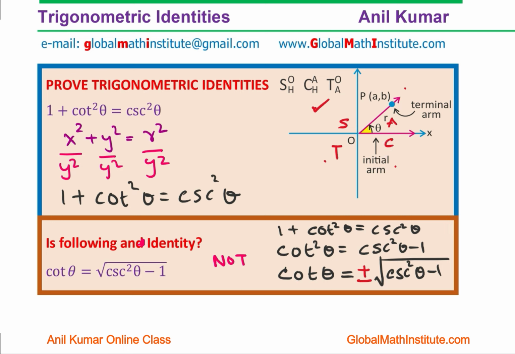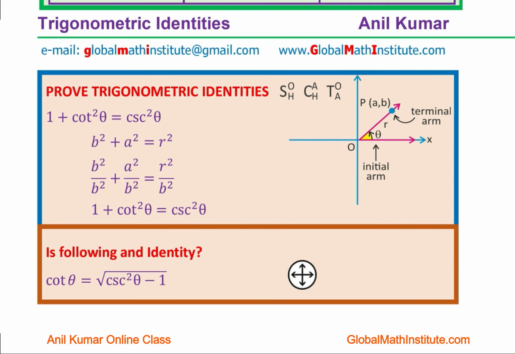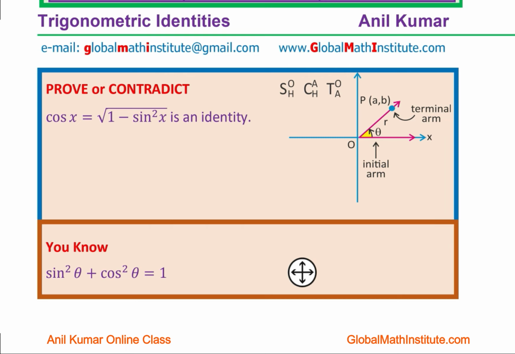So be careful about this. Here we have shown you what is not an identity. Sometimes they may look like an identity, but they are not. So we may have to prove that this is not an identity, or sometimes identify whether this is an identity or not, correct? So here is the proof for the cot square theta, the third Pythagorean identity.